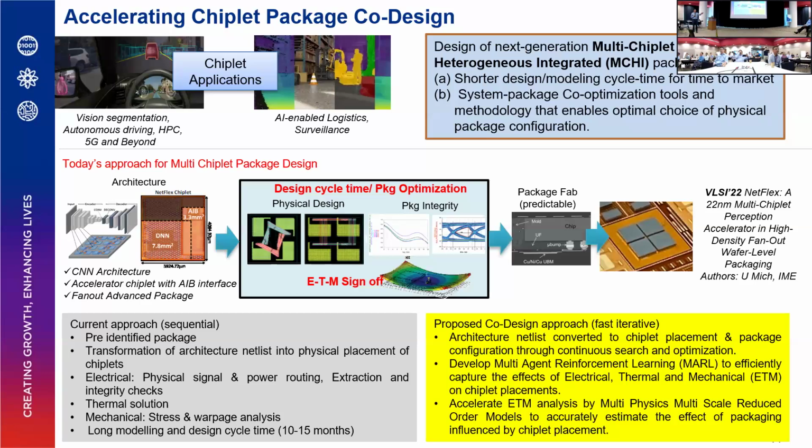So what we are proposing now in a new funded program, a funded grant from MTC Programmatic, is to develop a fast iterative solver, where the architecture is converted into chiplet placements, and then use a multi-agent reinforcement learning algorithm, which is powered by these fast electrical, thermal, mechanical solvers driven by multiphysics.